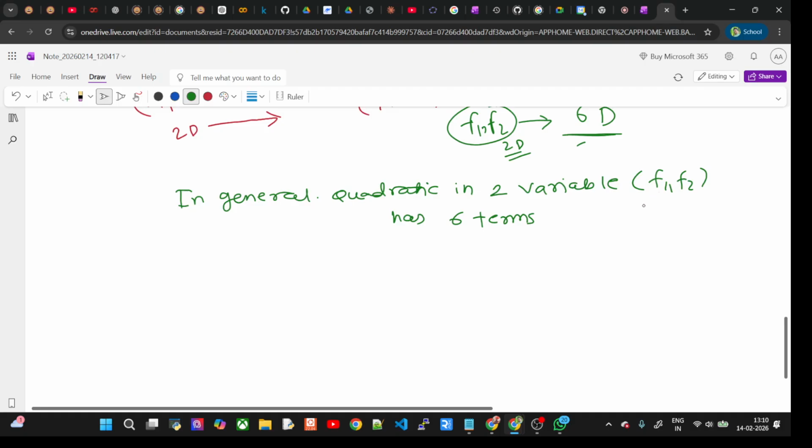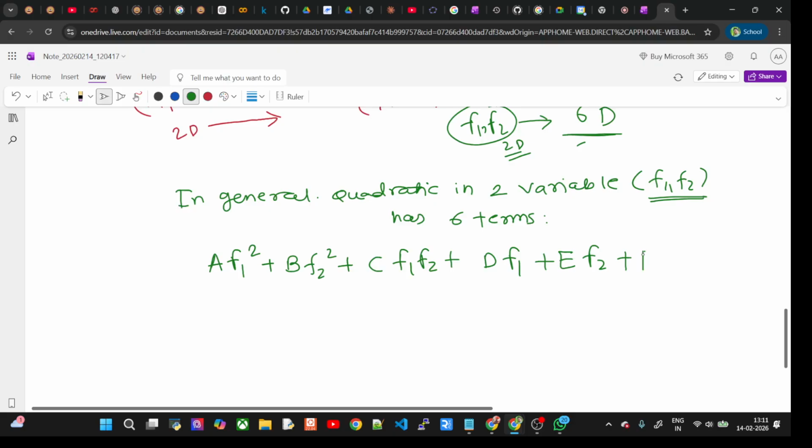If I consider this, what are the two variables here? These two variables are f1 and f2. So what are the 6 terms? Something like a into f1 square plus b into f2 square plus c into f1 f2 plus d into f1 plus e into f2 plus some kind of constant, like I say f equal to 0.